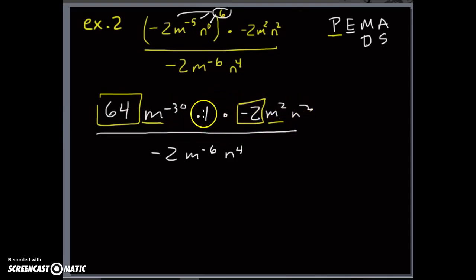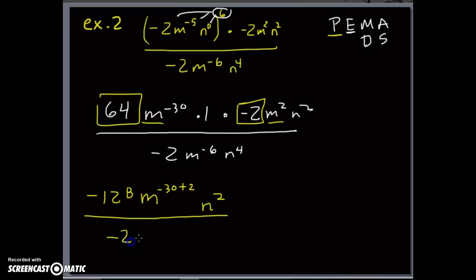And we just have the m base to deal with. So we've got 64 times negative 2 is a negative 128. M to the negative 30 plus 2 times n squared. We don't need to write this times 1. All over negative 2 m to the negative 6th n to the 4th. We can simplify this addition to a negative 28.